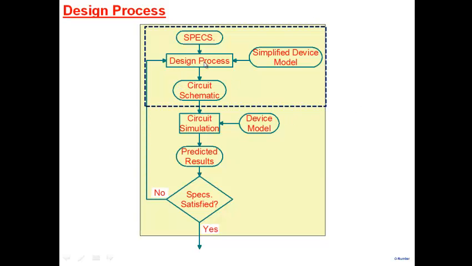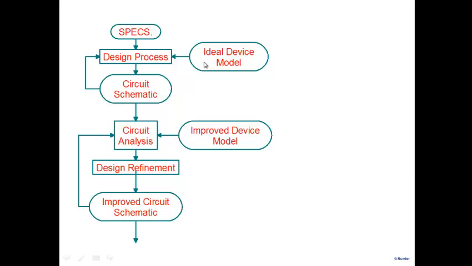The design process itself, I can break into two parts. If you look at it, the first part, again, we have specs, and we're going through a design process. You're just starting the design. This is a very creative part of the design, where you're trying out different circuit schematics, and typically it helps if you work initially with an ideal device model.